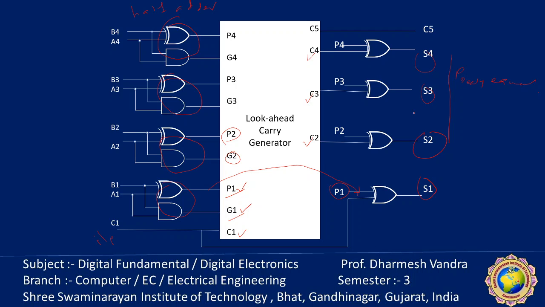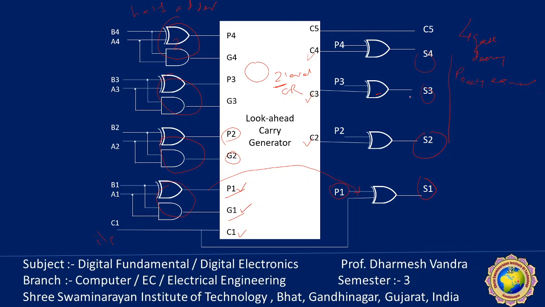Now the two-level circuit for the output carry C5. This circuit can be easily derived by the equation substitution method as done above, and it requires two gate delays plus the particular gate delay time. So two-level OR gate, 1, 2, 3, plus 1, that is 4 gate delays.